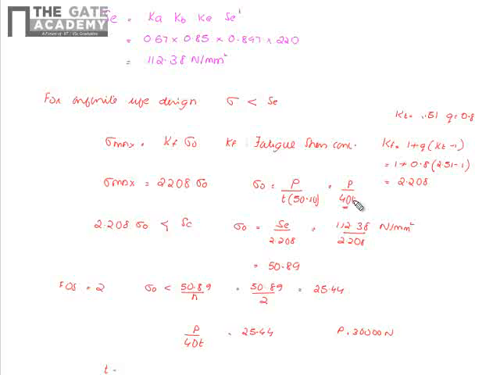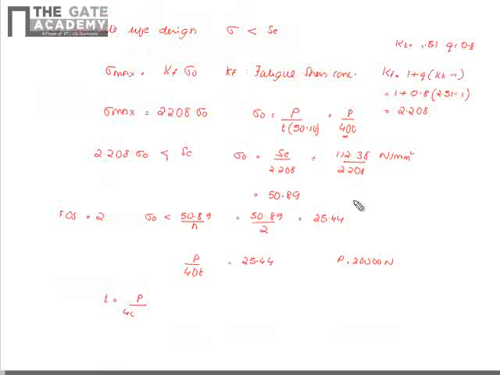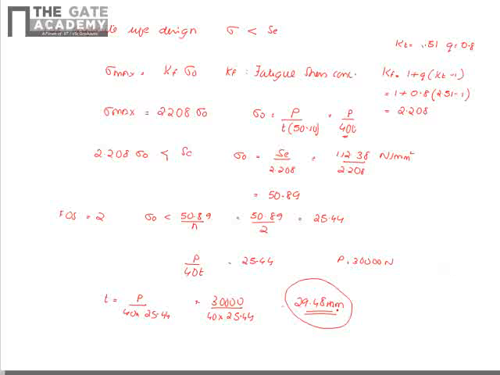Therefore, we can say t is equal to P by 40 into 25.44, that's 30,000 divided by 40 into 25.44. That is equal to 29.48 mm. Therefore, the thickness of the body should be 29.48 mm for infinite life of the body.